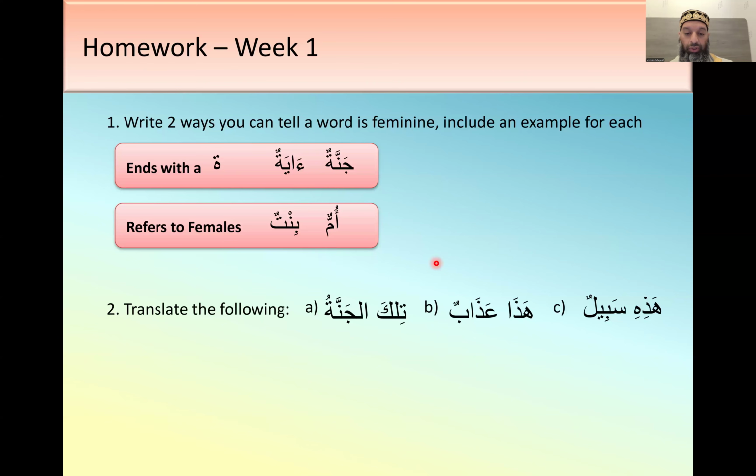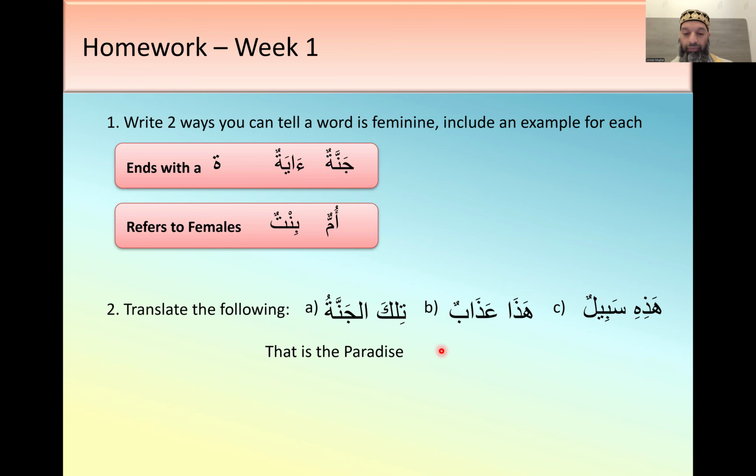Question 2, translate the following. So tilka al-jannatu becomes that is the paradise. The main thing here for lesson 1 was to know that tilka means that is, and so does dhalika, but for male and female. This is a female word, jannatun, so tilka is used.